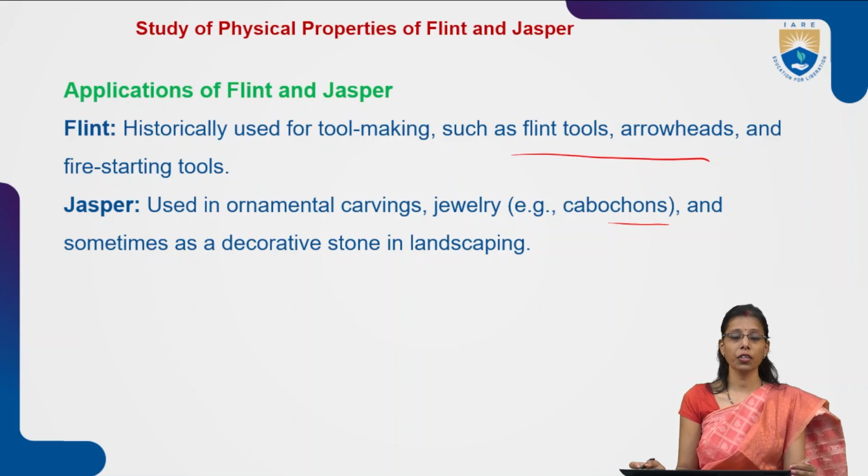So jasper is a decorative kind of stone; we use it in decoration, in showpieces or for landscaping. Flint is a kind of rock or mineral that was historically used as a tool. So these are the two applications, and you can also see the differences between the two.